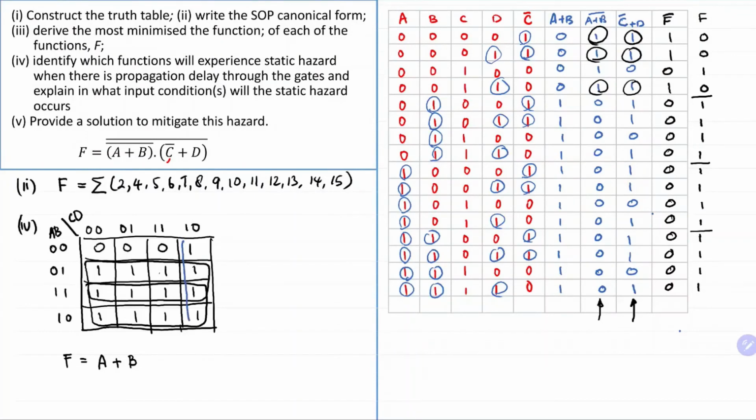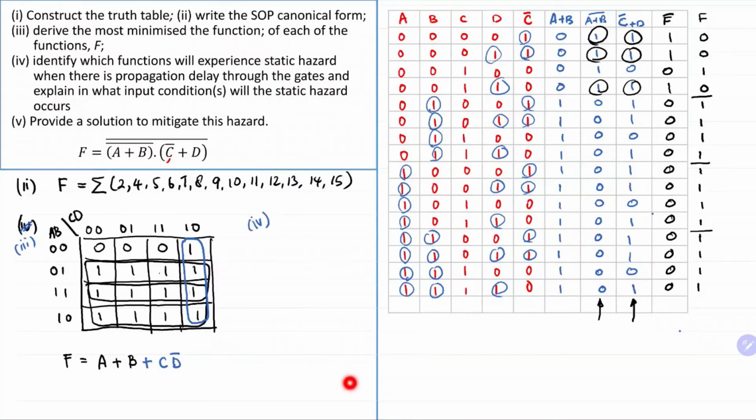And here we draw a loop of 4. And this is the minimized function. This is 3. 4.